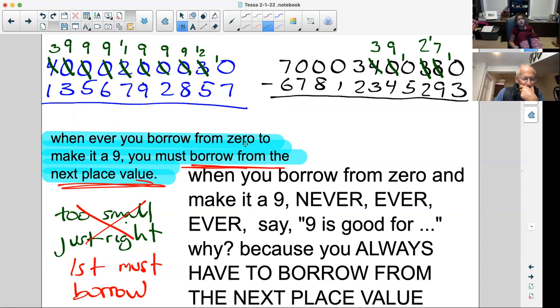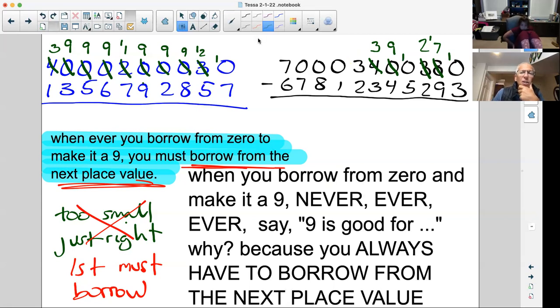Why did you turn 0 into a 9, Tessa? Why did you do that? Because it was too small for 1. Tessa, you don't borrow from 0 if it's too small. You only borrow when you need to borrow. Did you make the 3 a 13?